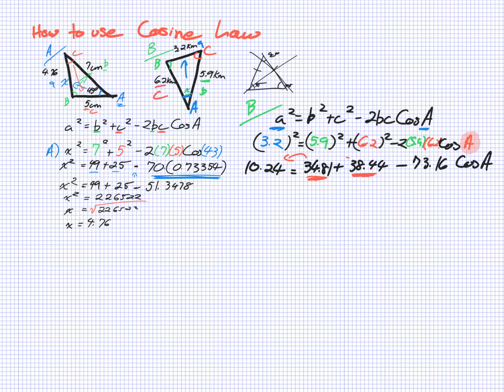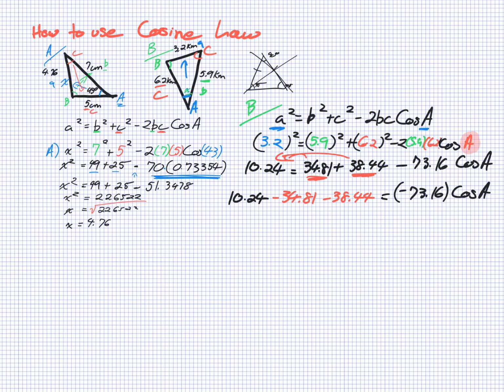If you look, this is a positive term and this is a positive term. We can just move them to the other side, essentially making them subtract. Exactly. So this becomes 10.24 minus 34.81 minus 38.44. Now, when I do that, this is still negative 73.16 times cos A. It's really important that we realize this is multiplication, because I can't just bring that over and make it positive.